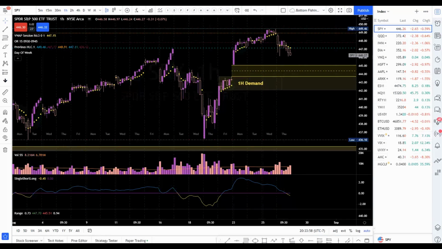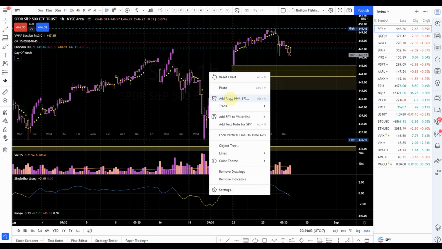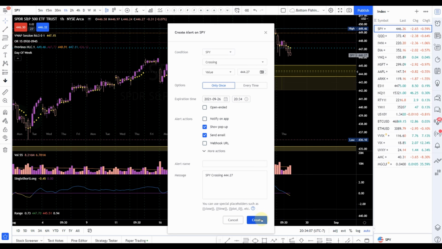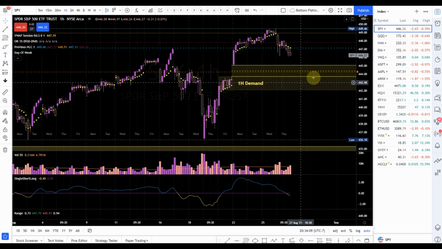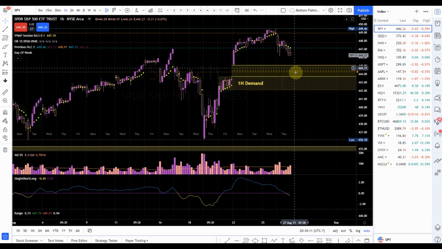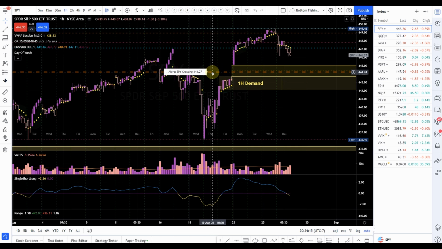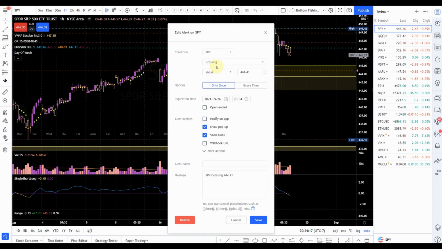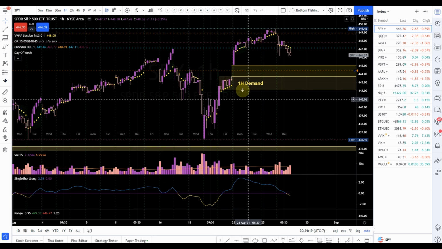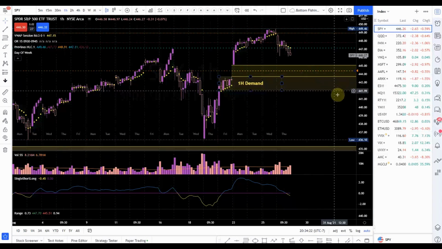I have my drawing tool, that's why. I add an alert, and when price crosses this level, I'm going to get in. This is the 50% level of my imbalance, and I want to be a little more precise, so I'll move it up here. When price crosses here, I get an alert.